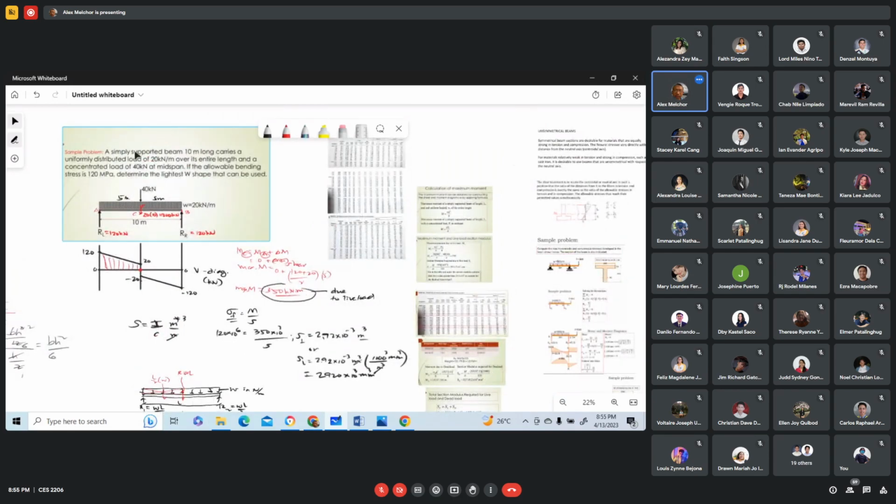If you have in the problem a load like that, that is considered live load, and you're going to select a section, and with that selected section you are going to compute the maximum moment due to the dead load, due to that weight.